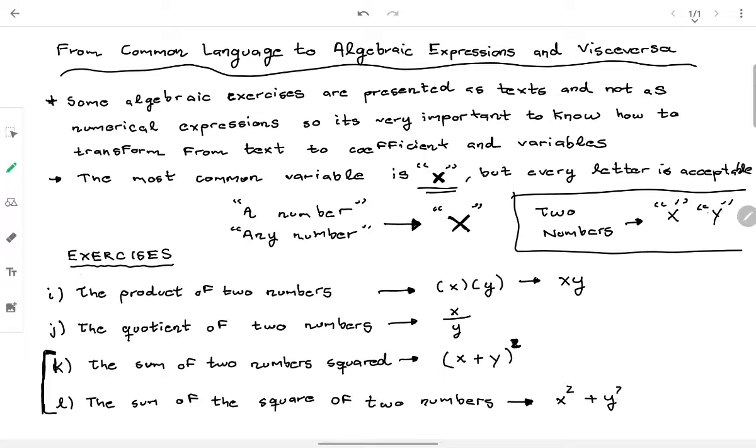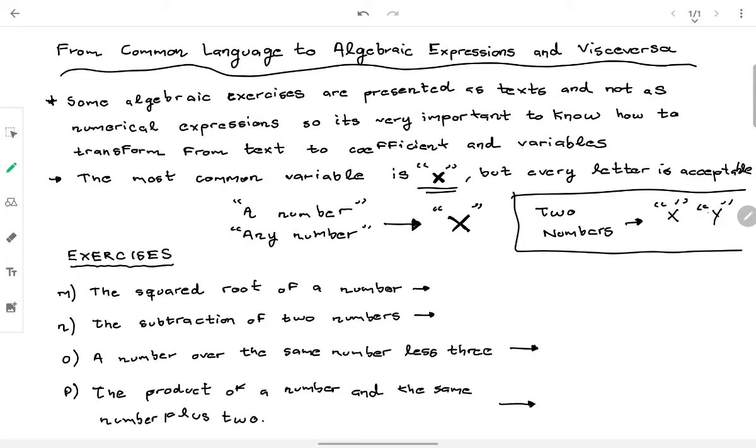This is very important because they are different things. If you have any questions, please ask me, but it's different. The sum of two numbers squared will be x plus y, in parentheses, squared, or the sum of the square of two numbers means each number squared. Let me see the next exercises.